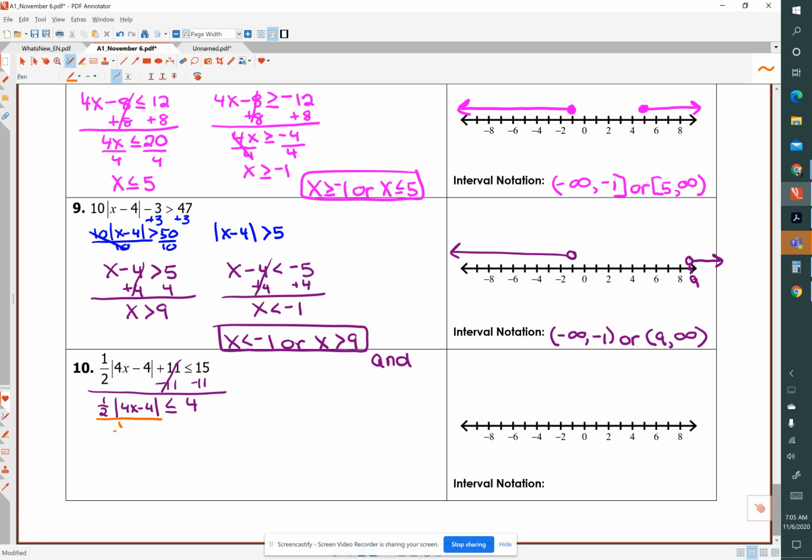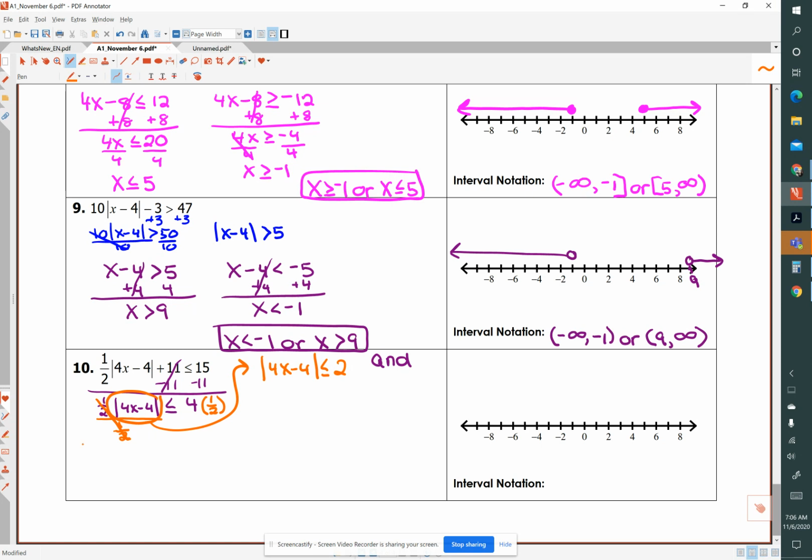If you divide by a fraction, all you simply do is make that into 1, and you've isolated your absolute value term. When you multiply 4 times 1/2, what's half of 4? It's 2. So our isolated absolute value looks like this: the absolute value of 4x minus 4 is less than or equal to half of 4, which is 2. Come on, guys, that wasn't hard.